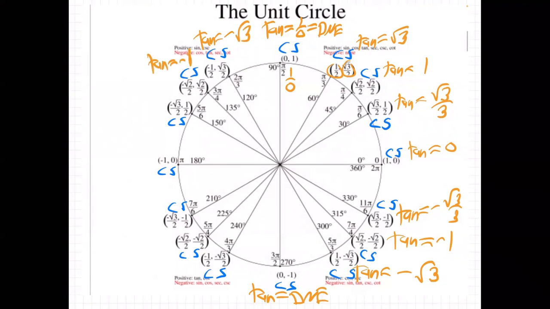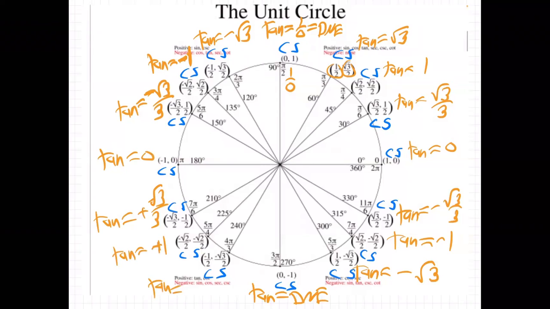Tangent is negative 1 here, then negative root 3 over 3. Tangent here is 0. At this spot, positive root 3 over 3. Tangent positive 1 is the other spot we're looking for. And the one down here, finally, tangent is positive root 3. All right, there we go. So there are the values for you on the unit circle.